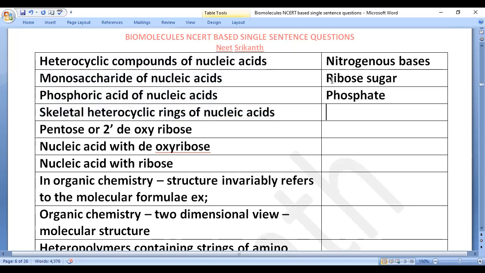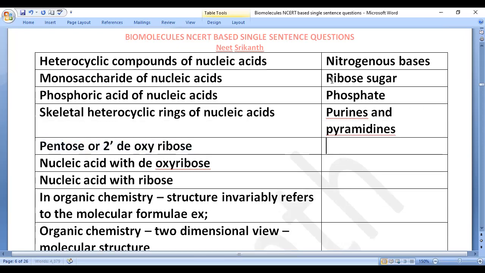Skeletal heterocyclic rings of nucleic acid: purines and pyrimidines. Pentoses are ribose and 2-deoxyribose. Nucleic acid with deoxyribose sugar is DNA. Nucleic acid with ribose sugar is RNA.